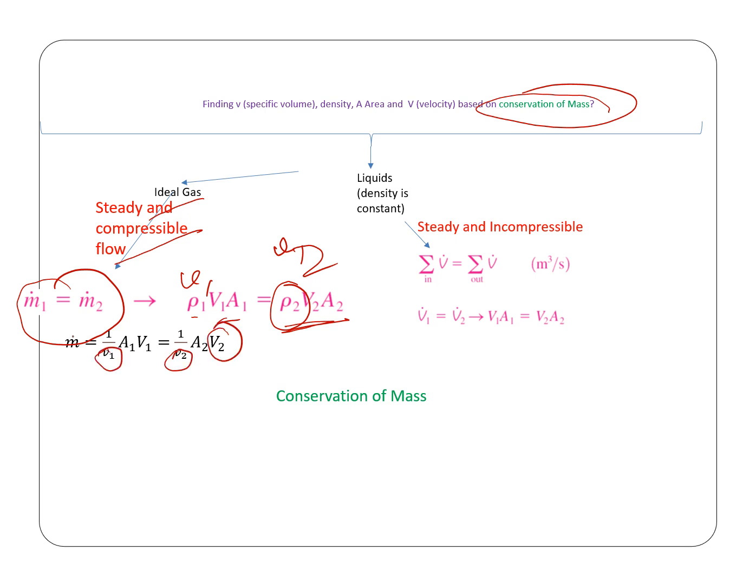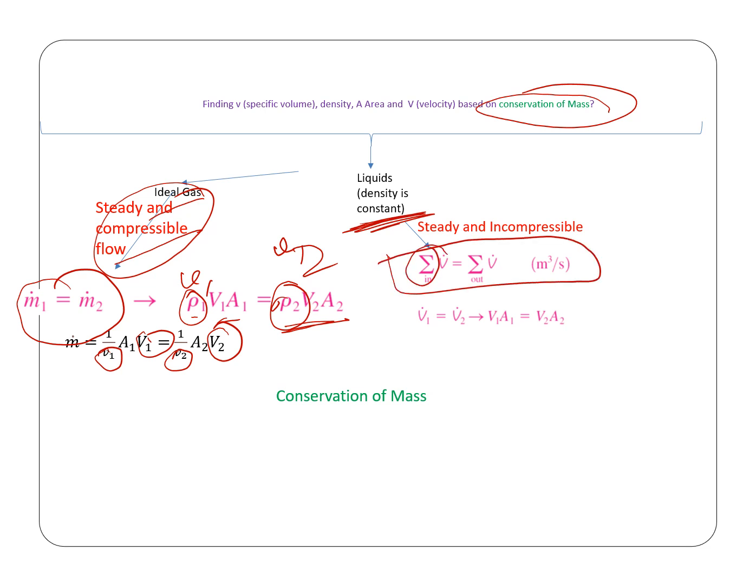If the velocity at exit and inlet and the cross-section area are given, or sometimes the diameter is given, from which you can find the cross-section area, this is another way by which you can find the specific volume. Okay, this one is for the ideal gas, where the density is different, and for liquid, the density is constant. So in that case, as we saw from the conservation of mass, the volumetric flow rate would be the same.